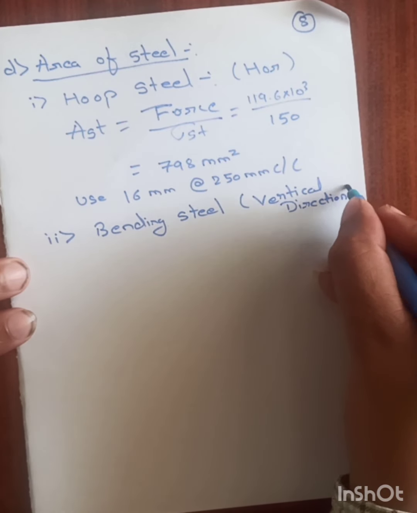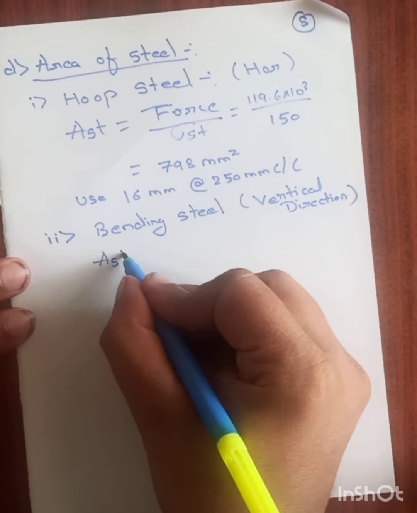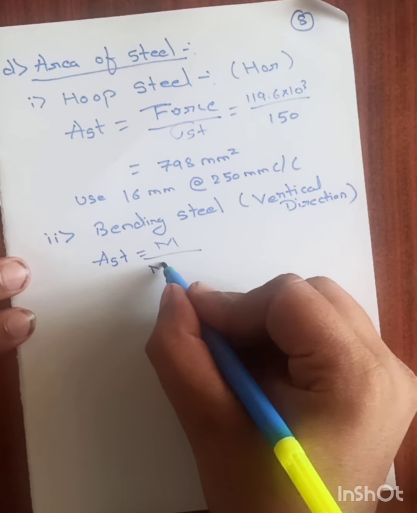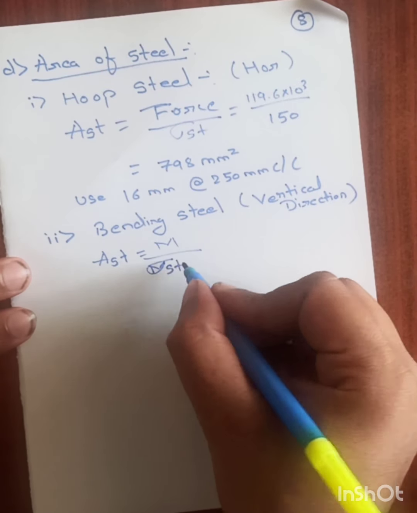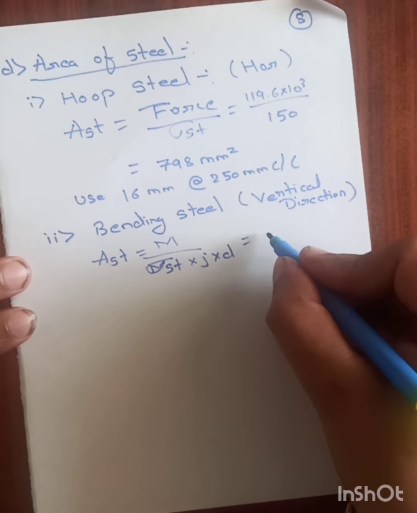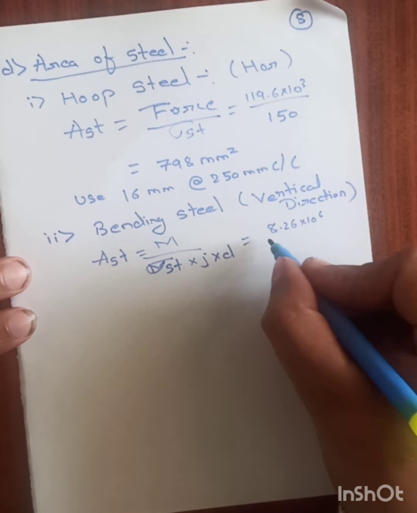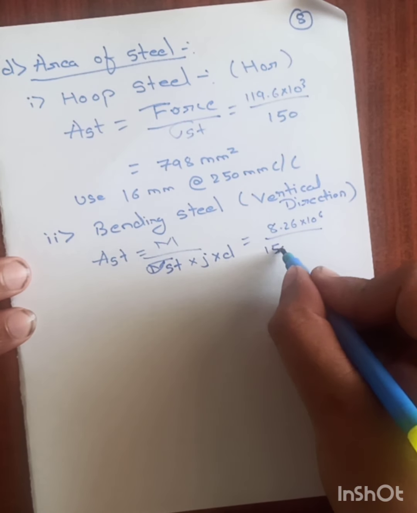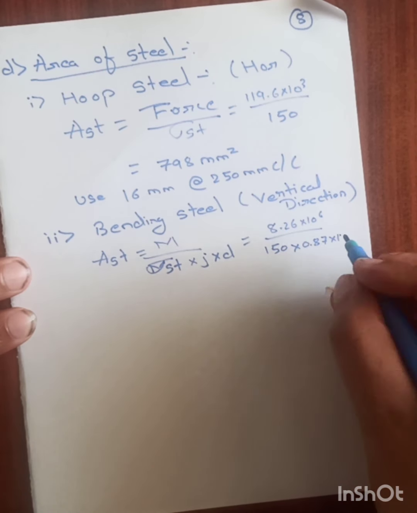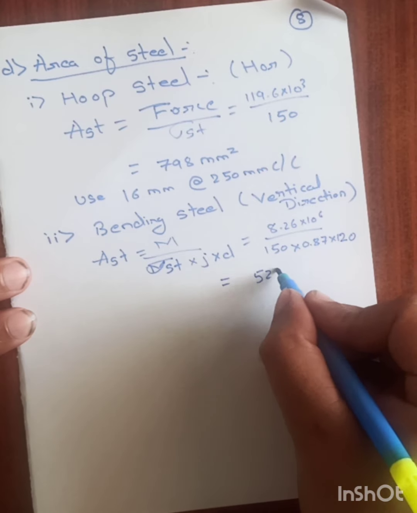AST is given by M divided by sigma ST into J into D. It is 8.26 into 10 to the power 6 divided by 150 into 0.87 into effective depth, that is 120, which comes around 528 mm square.